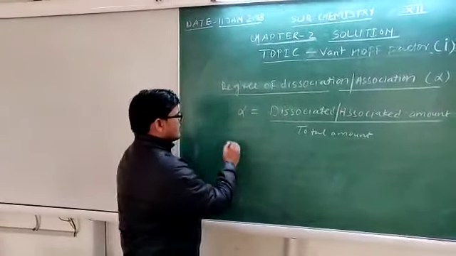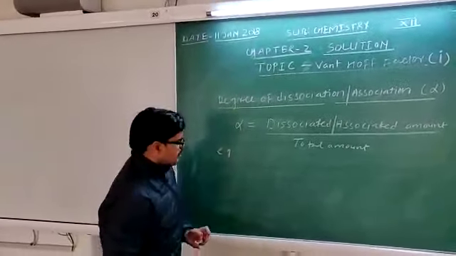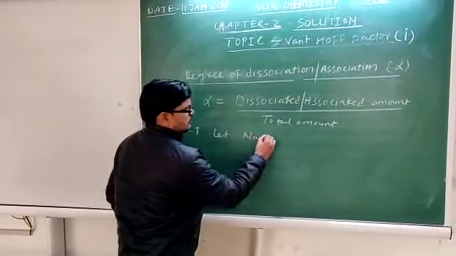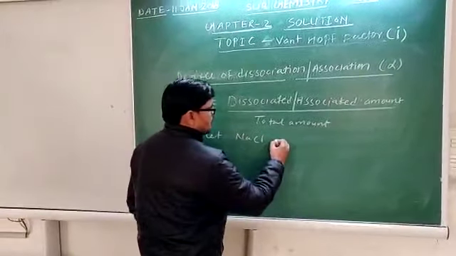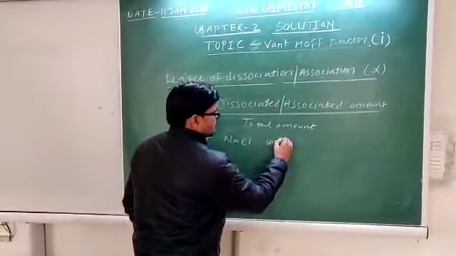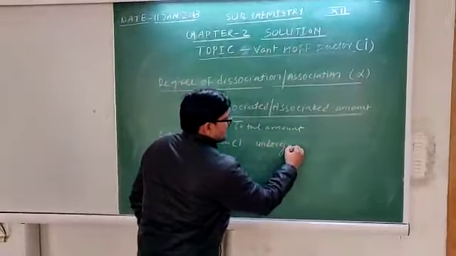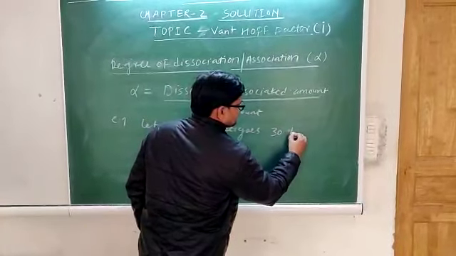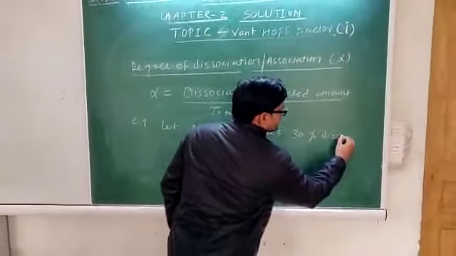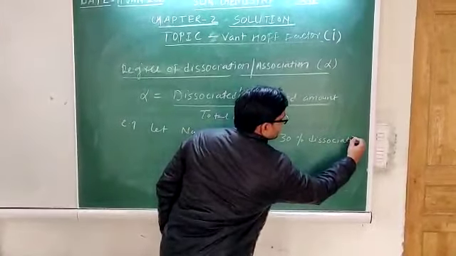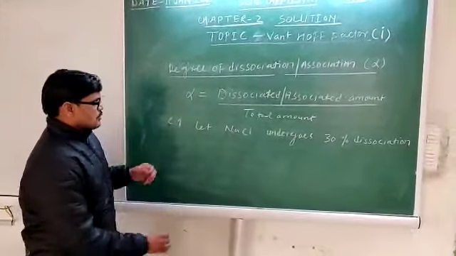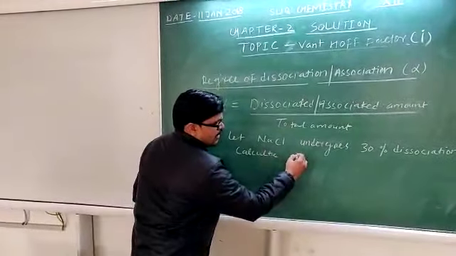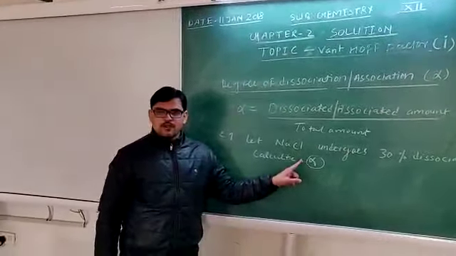Let us take an example to understand this topic easily. Suppose NaCl undergoes 30% dissociation. Calculate alpha, the degree of dissociation.